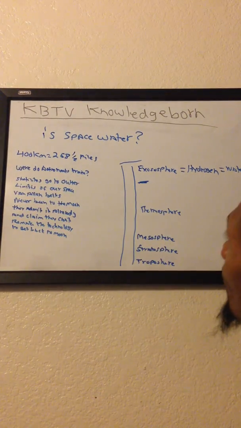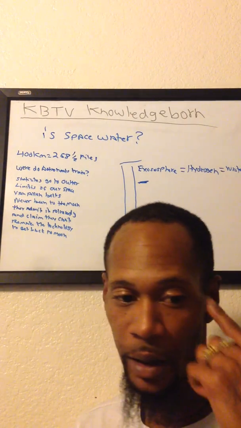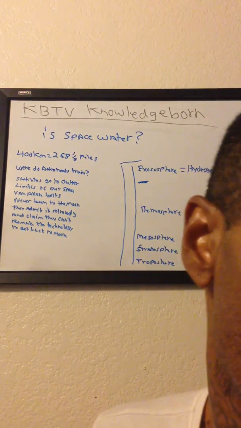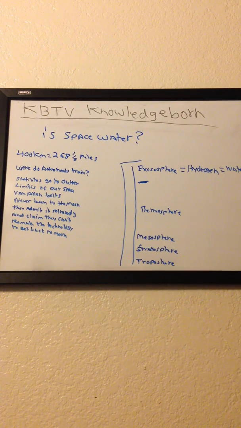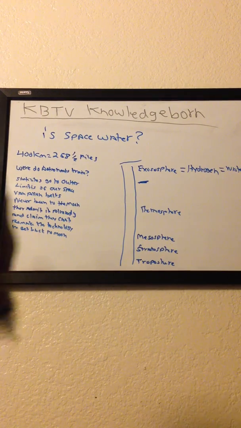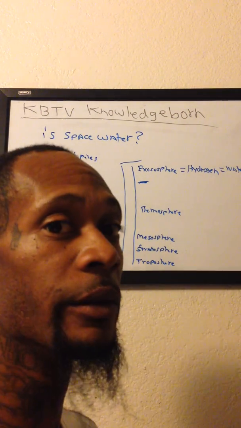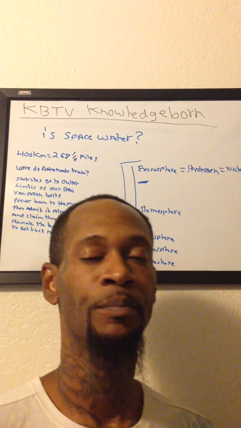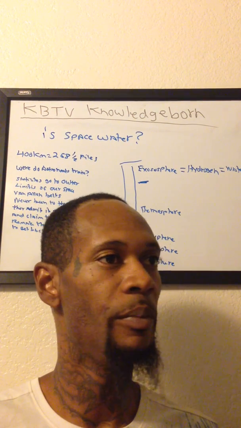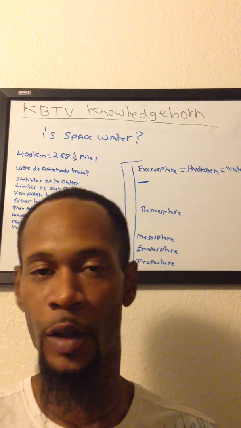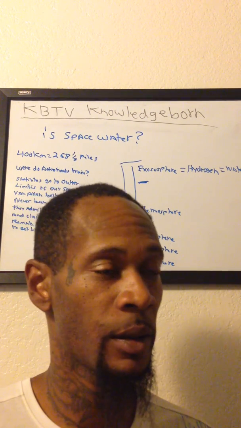But let's think about where astronauts train at, okay? Remember, they train on Earth, but where do they train at? They train in a giant Olympic-sized pool, big, lots of water. Why water?